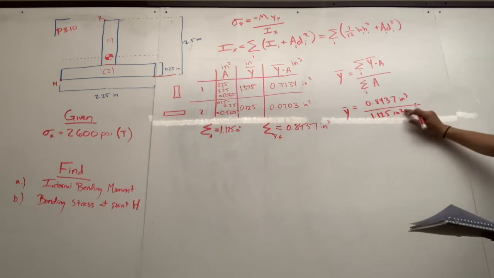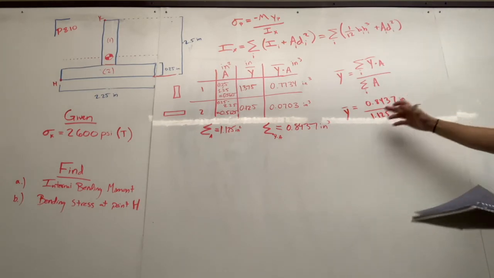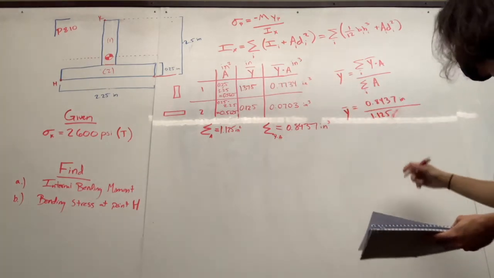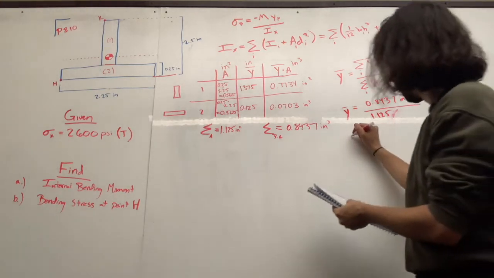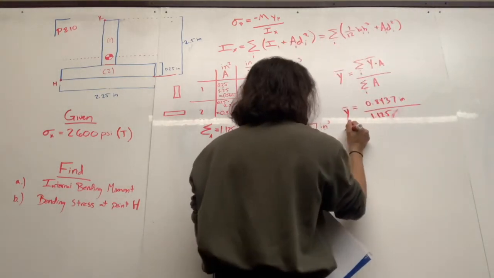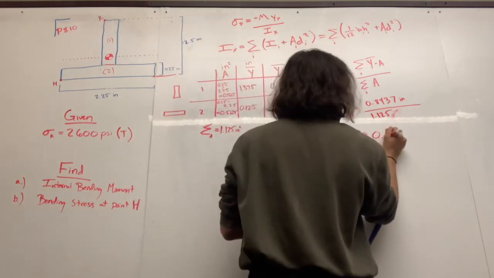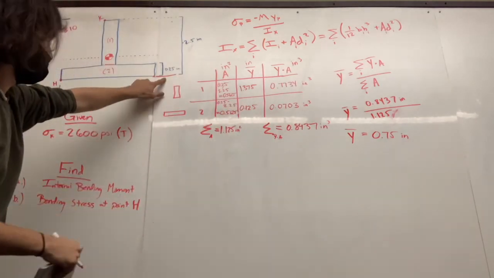And we see the units, these are going to go away, and we're going to be left with inches, which works out because that's the unit of the centroid. So after we do that, we get that the total y bar for the entire shape lies at 0.75 inches from where our axis is.